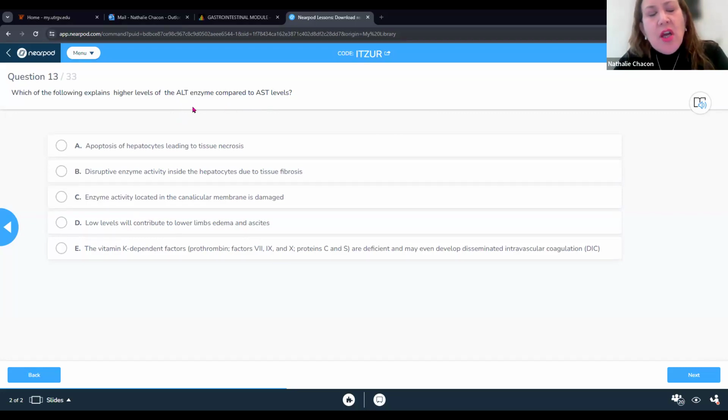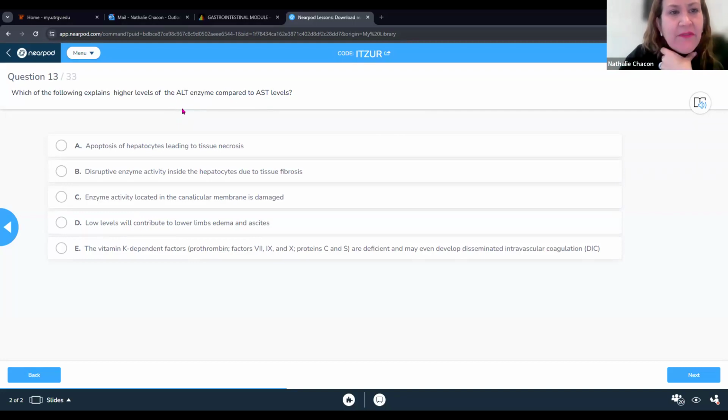Each one of those two enzymes indicates that something is occurring in the liver, but one of them is indicating inside the cell and the other one surrounding the cell.